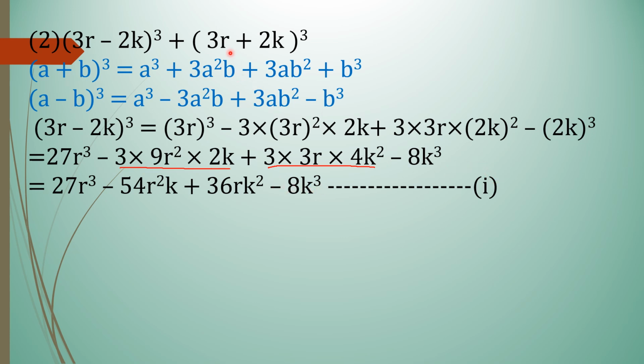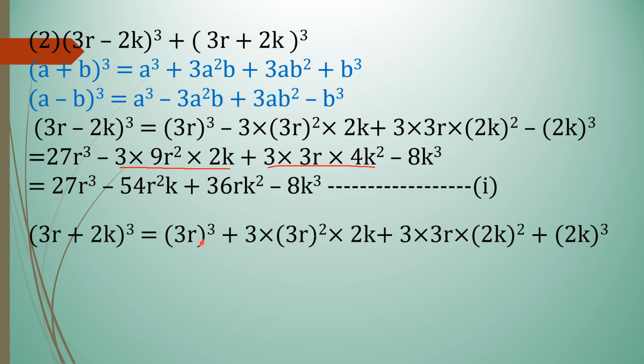Now students will solve this, 3r plus 2k the whole cube. So by using the formula a plus b the whole cube, you'll write down 3r cube whole cube plus 3 into 3r the whole square into 2k plus 3 into 3r into 2k the whole square plus 2k the whole cube.